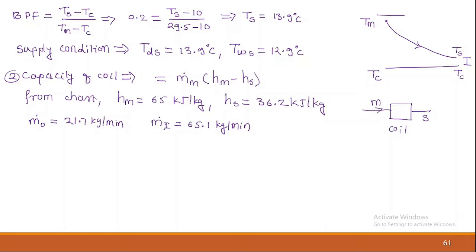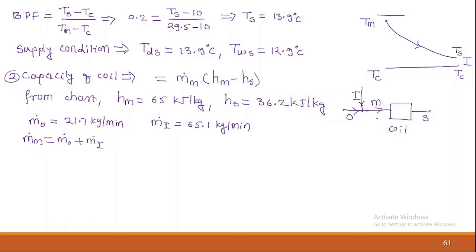Okay, and what is M dot M? That is mixed air. So that would be equal to M dot O plus M dot I. Because if you see here, the fresh air is this one and the return air is this one. So this air coming together forming one air.